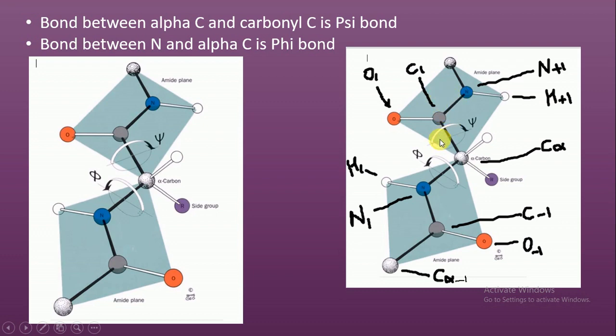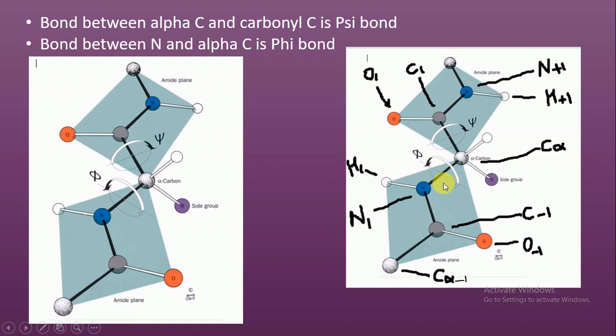Now see, this plane can rotate from 0 degree to 360 degree. The upper half rotation is 0 to 180 degree, and the lower half rotation is called 0 to minus 180 degree.